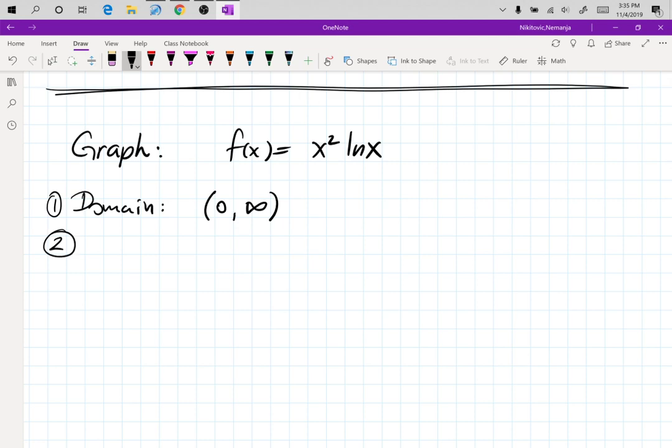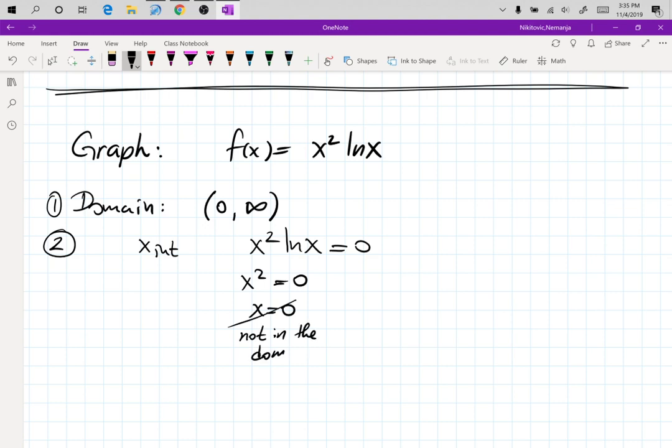Number 2, we set this equal to 0. x equals 0 is not in the domain. And then we also have ln x equal to 0, from where x is equal to 1. Now that one we get to keep, x equals 1, so we have (1, 0) as our x-intercept.